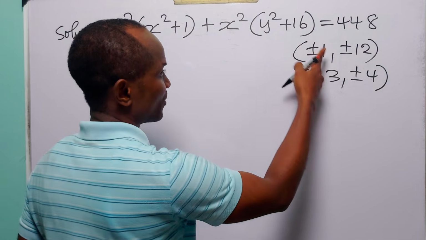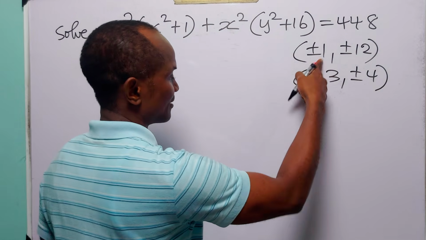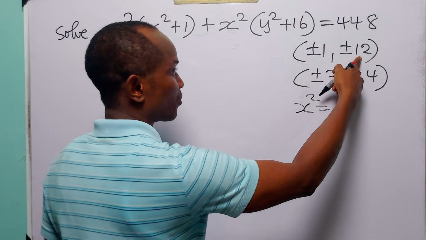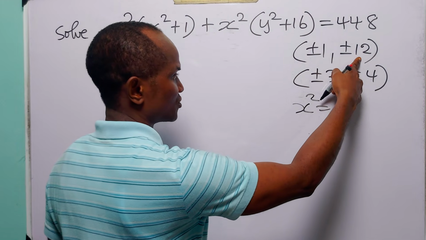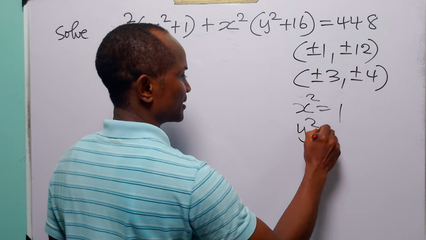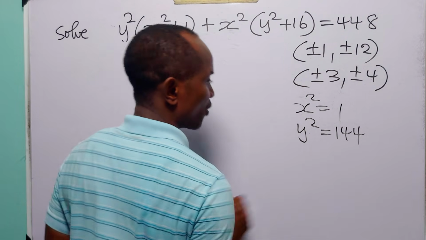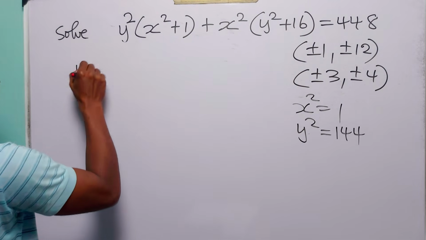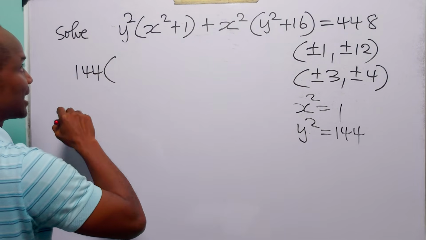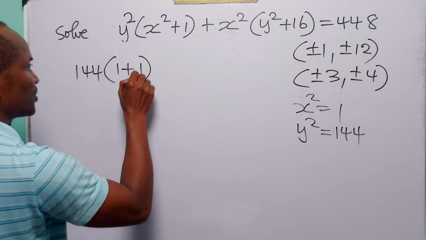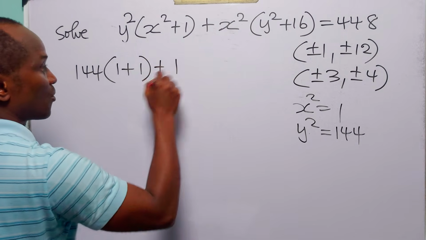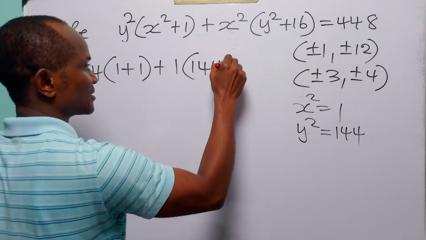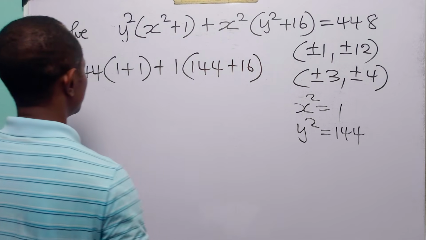In the first case, when x is equal to plus or minus 1, then x squared is equal to 1. And when y is equal to plus or minus 12, then y squared is equal to 144. Substituting into this equation, we have 144 times (1 plus 1) plus 1 into (144 plus 16).